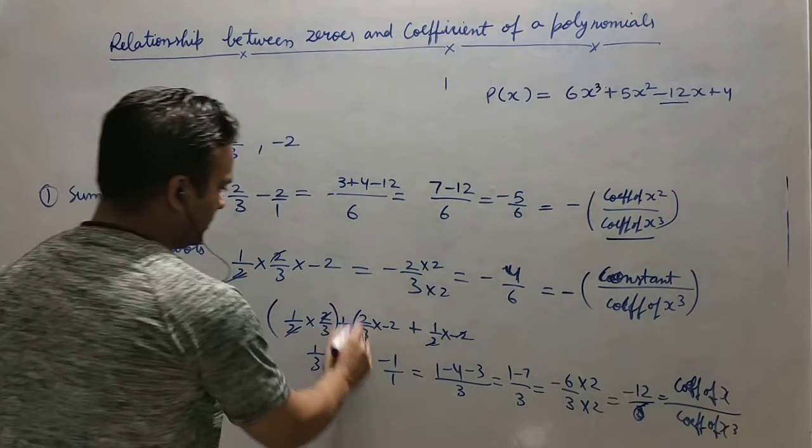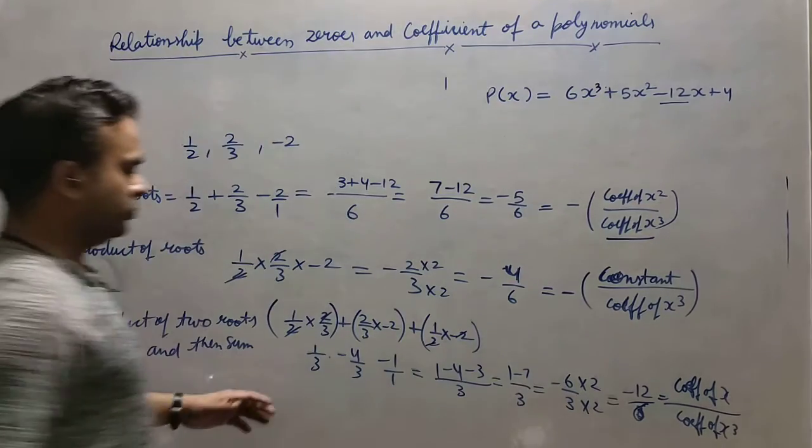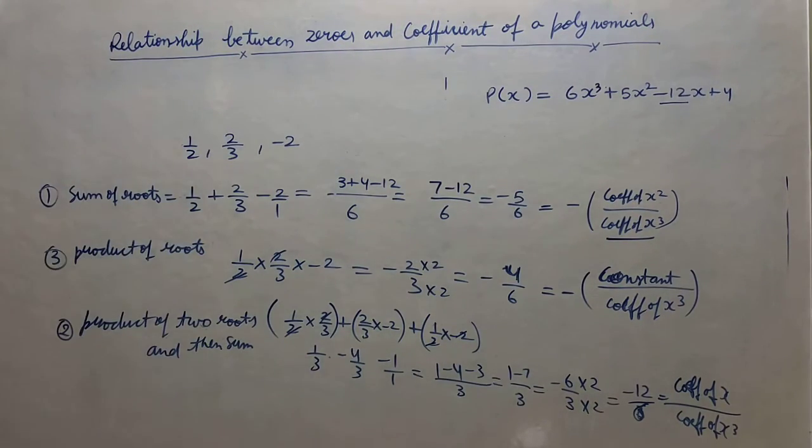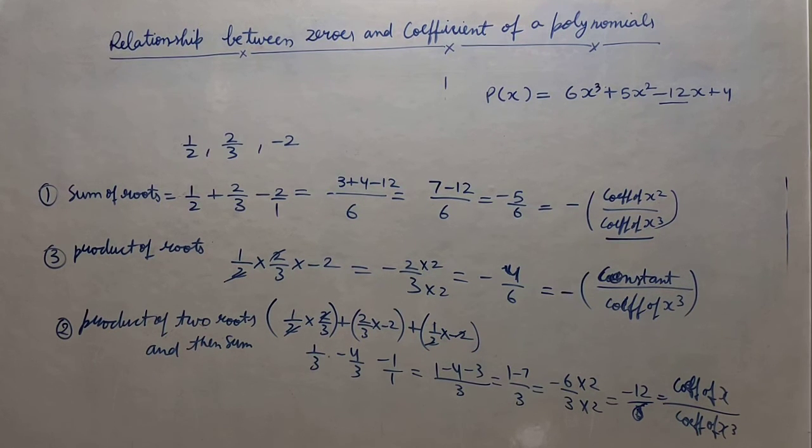So here we have taken the product of two roots together, and then we are able to find the relationships between coefficients and zeros, right? So this is all about the cubic polynomial and quadratic polynomials relationship between zeros and coefficient of polynomials, right?